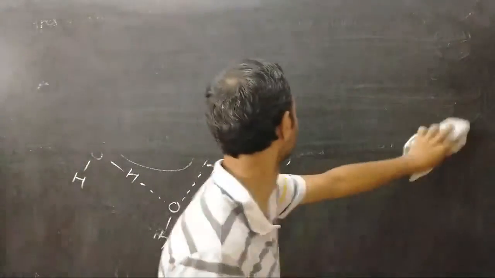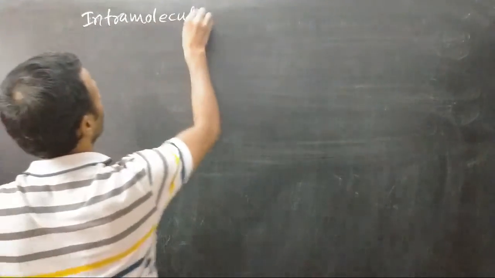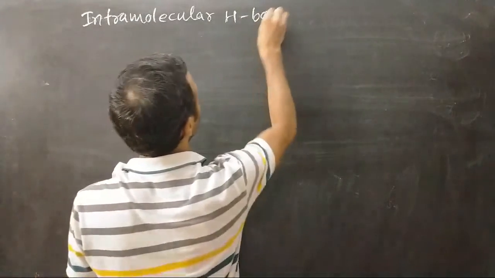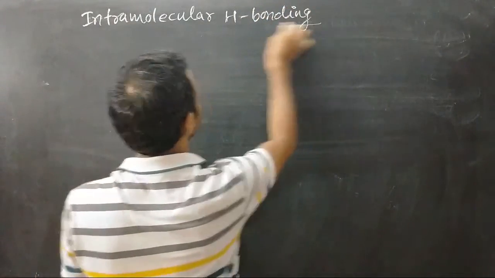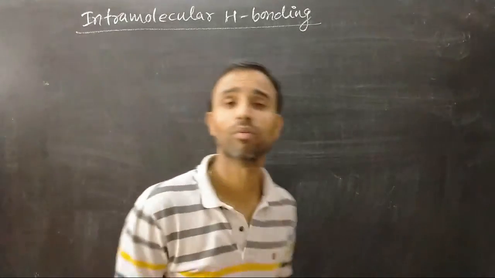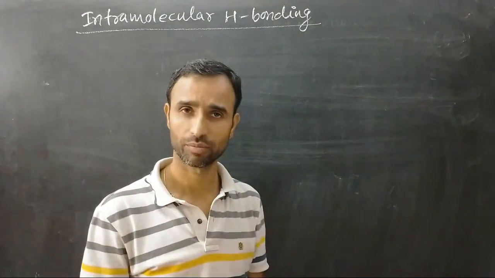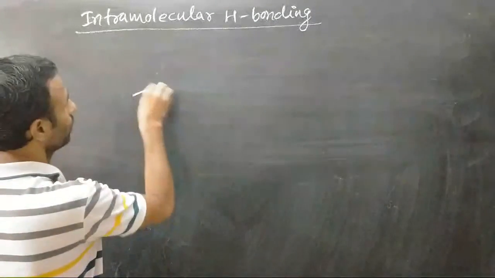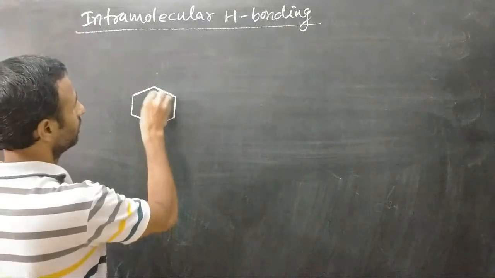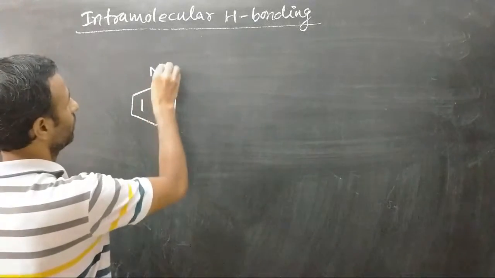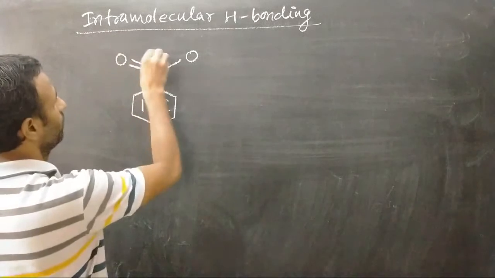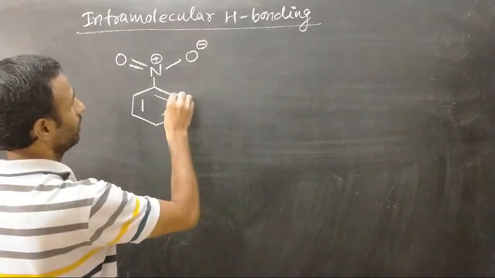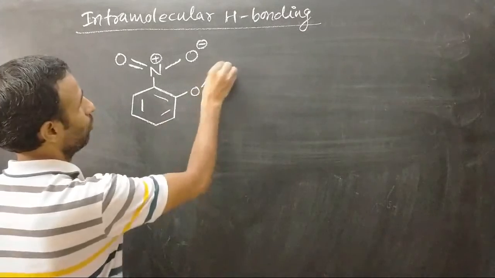Next, intramolecular hydrogen bonding. Because of intermolecular hydrogen bonding, density increases and boiling point increases. But intramolecular hydrogen bonding, intra means when we have nitro and OH.